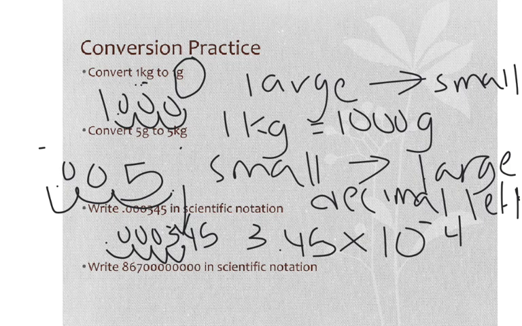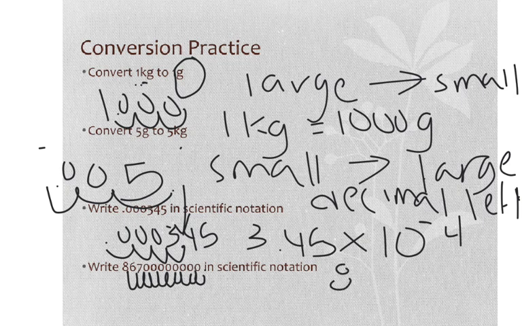Same concept goes for over here with your large number. So I'm going to take my decimal, which is at the end of the number. Remember, if there's no decimal in front of anything, or it's a large number, I'm going to take it at the end and I'm going to move it. 1, 2, 3, 4, 5, 6, 7, 8, 9, 10. It needs to go in between the first 2 whole numbers.